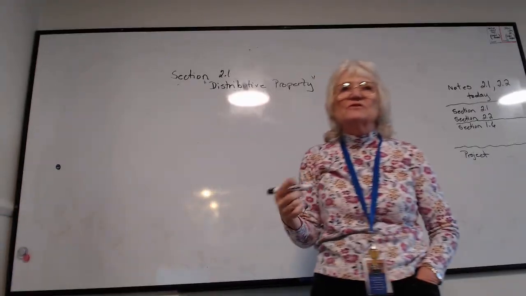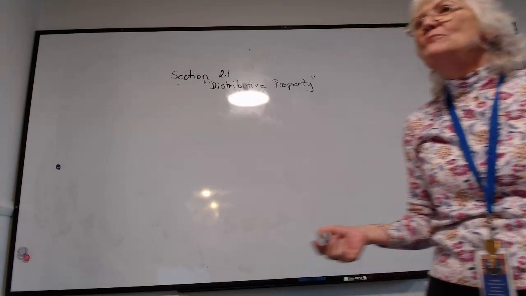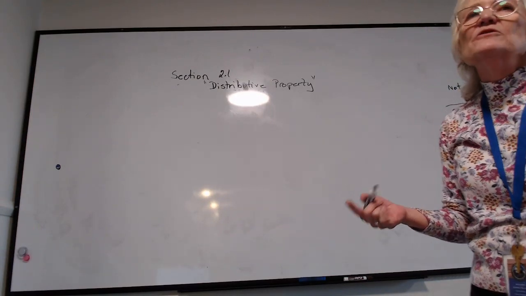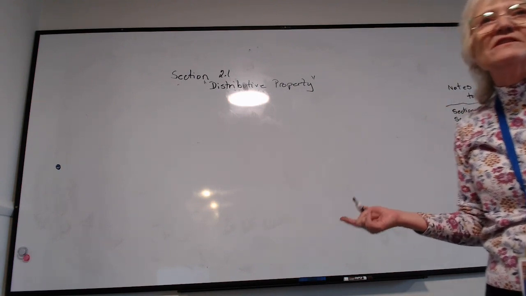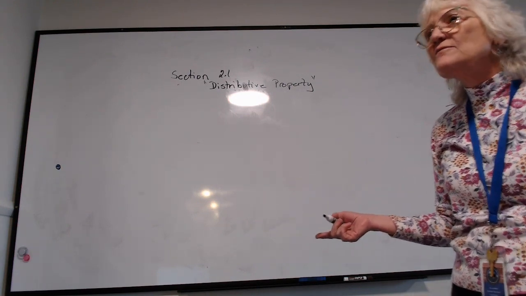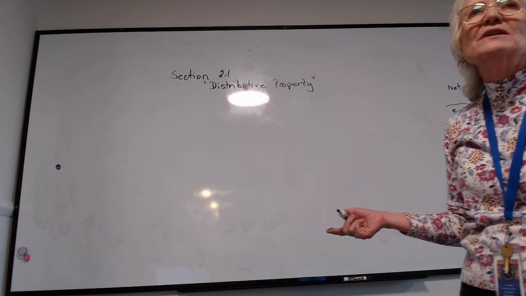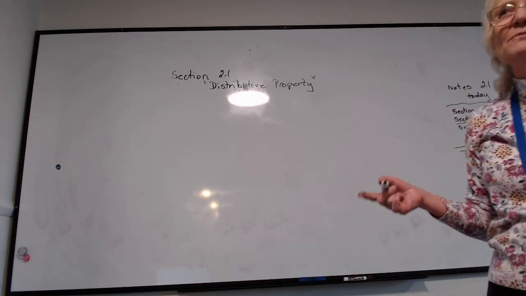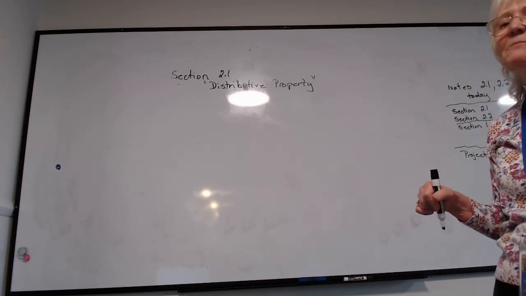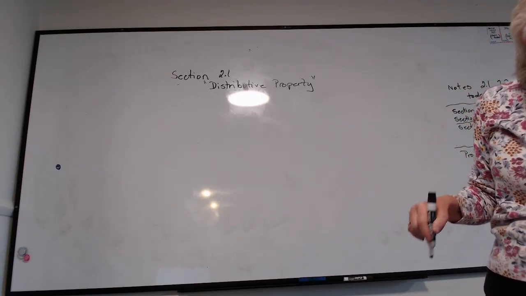We have to use the distributive property, and there's no real other way of distinguishing what that is. I don't ask you to memorize commutative or transitive or associative properties. Those are also properties. I don't ask you to memorize those, but distributive is the one I do want you to know the name of, okay?